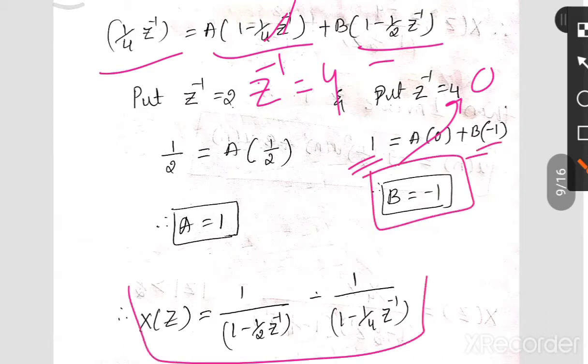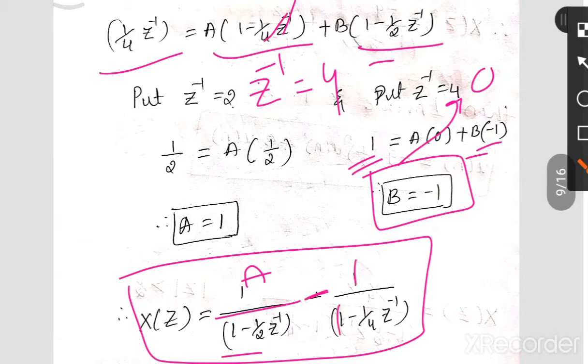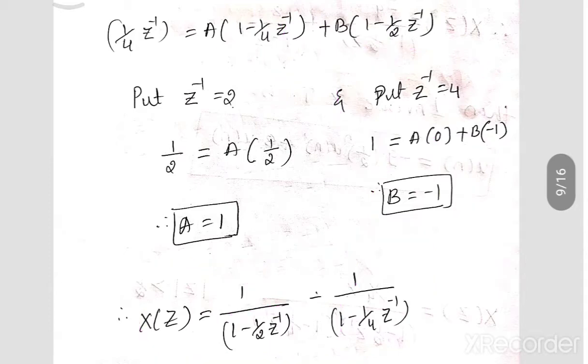So now we have got X(z): A divided by that term is nothing but 1 divided by 1 minus 1/2 z raised to minus 1, minus, because B was minus 1. So here we write minus 1 divided by another factor, 1 minus 1/4 z raised to minus 1. Now they have said ROC is greater than 1/2.